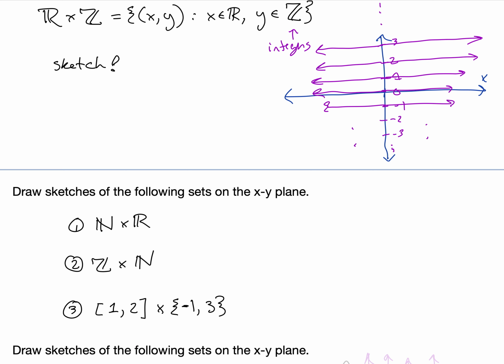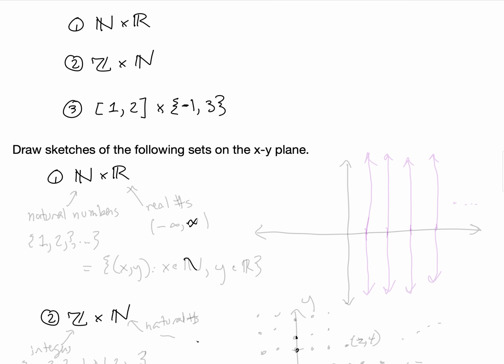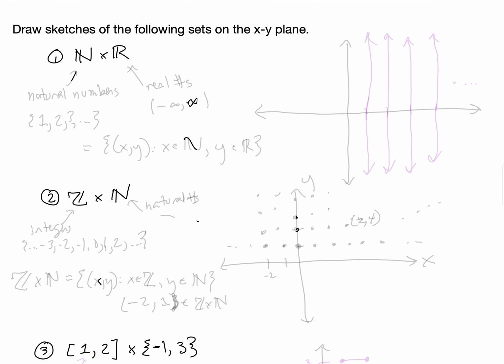All right, let's look at the set N cross R on the xy plane. So these are the natural numbers. Remember that the natural numbers start with 1, and then 2, and then 3, and so on, all positive integers. And these are the real numbers. So that's everything from negative infinity to positive infinity.